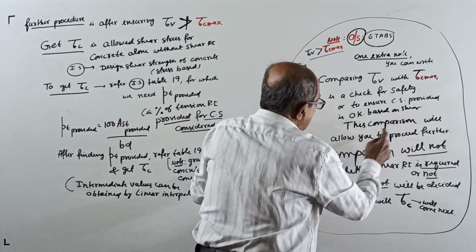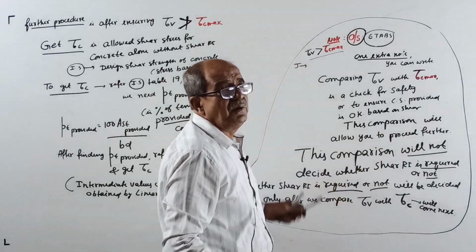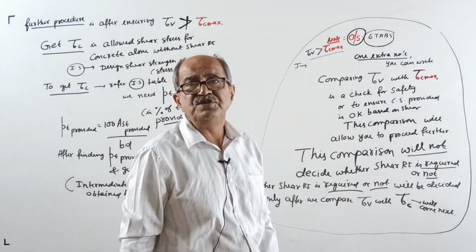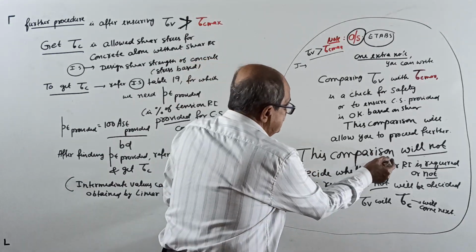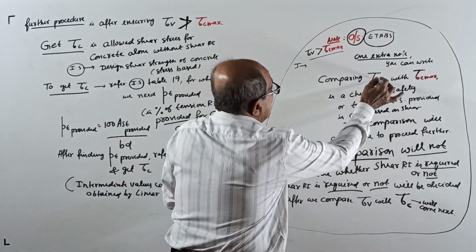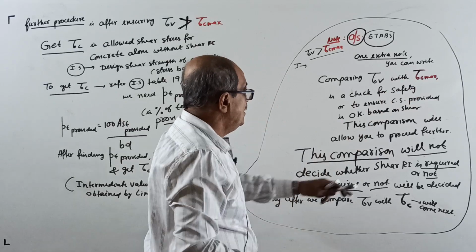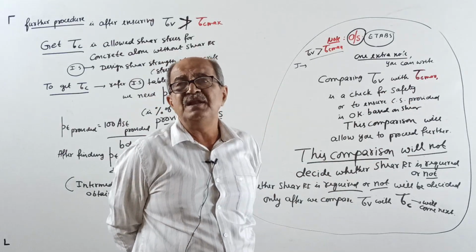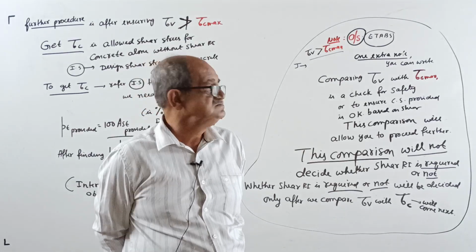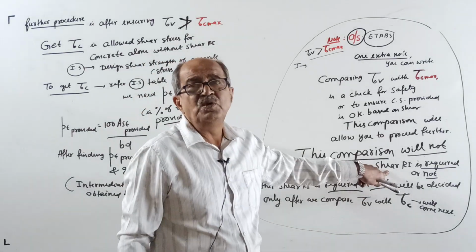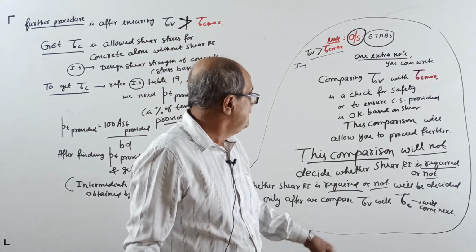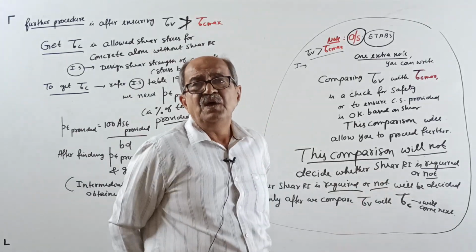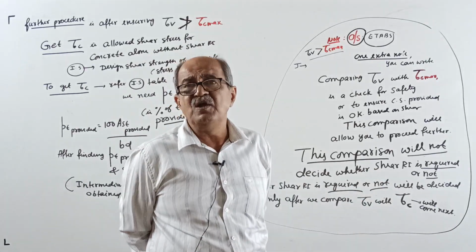This comparison will allow you to proceed further if tau v comes not more than tau c max. Now, this comparison of tau v with the tau c maximum will not decide whether shear reinforcement is required or not. This is only a safety check. This will not indicate whether shear reinforcement is required or not.